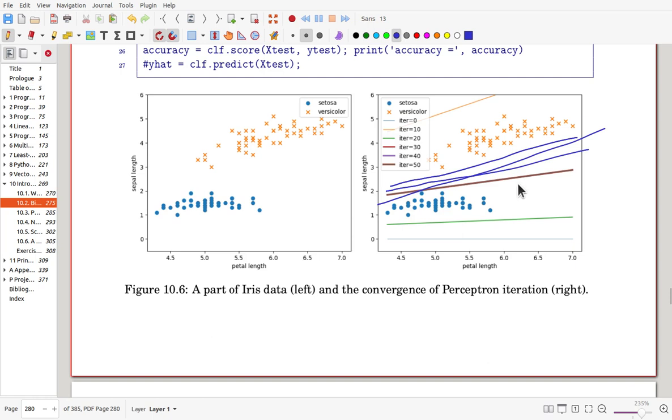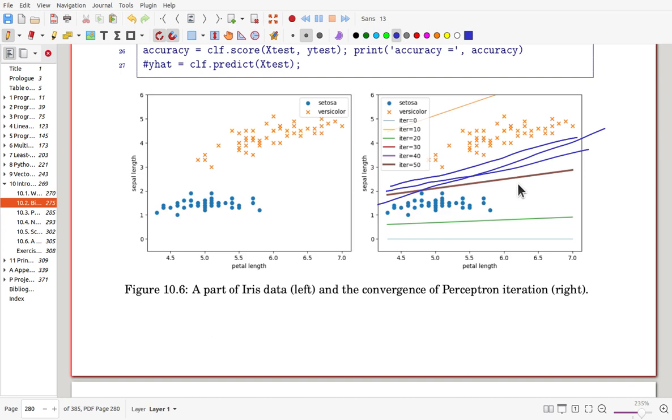So depending on your initialization and your choice of the learning rate, even though it has converged, your final separation line is different, so it's not really an ideal classifier.